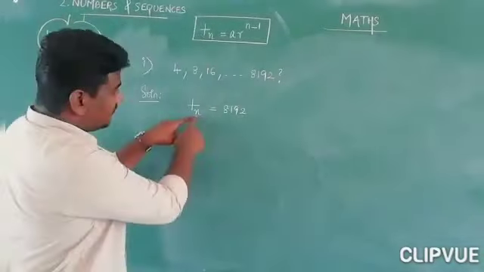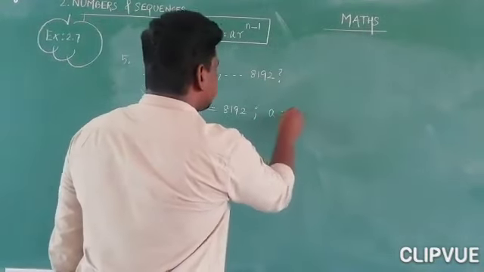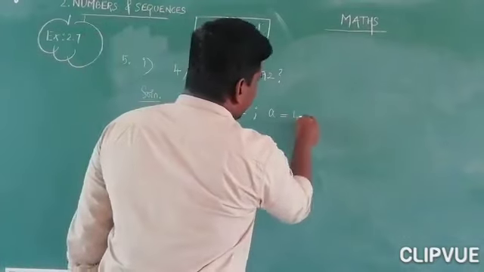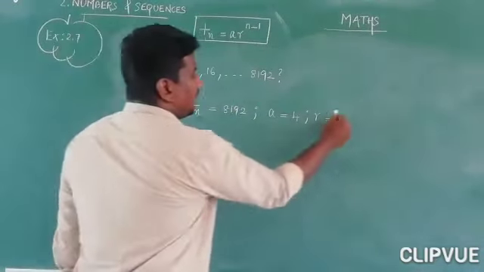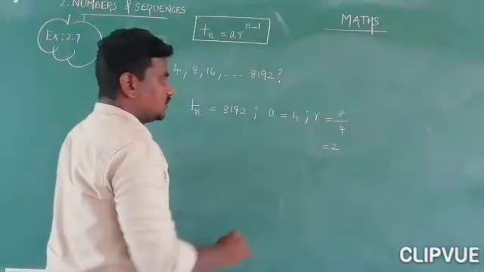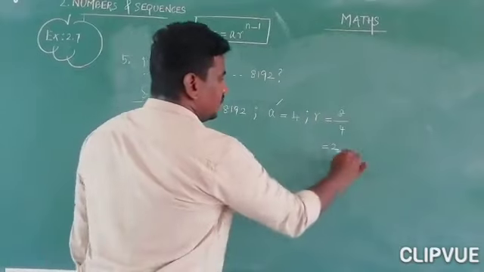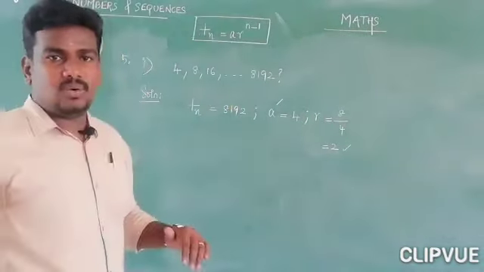I am going to find the value of n, and you know that the first term a is equal to 4, as well as r is equal to term 2 divided by term 1. So 8 by 4 is equal to 2. So now you know the a value and the r value. You just replace here and you can get the unknown n.